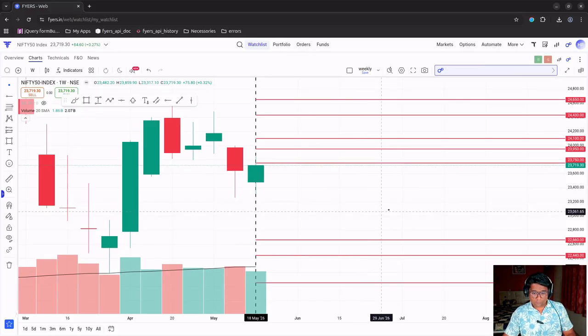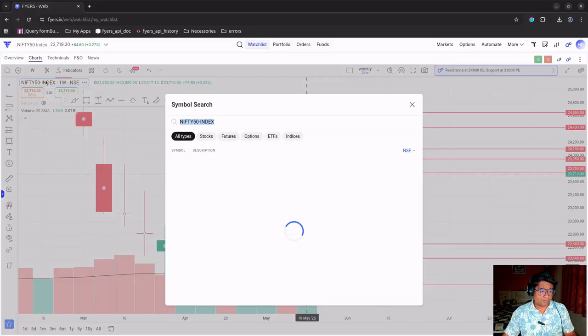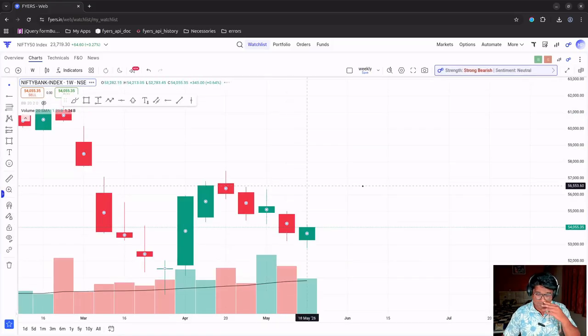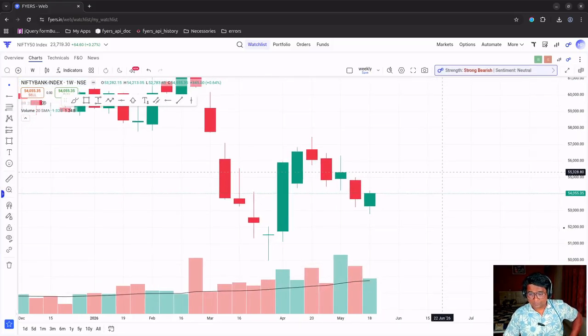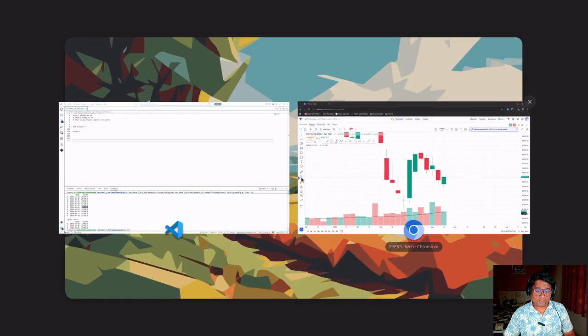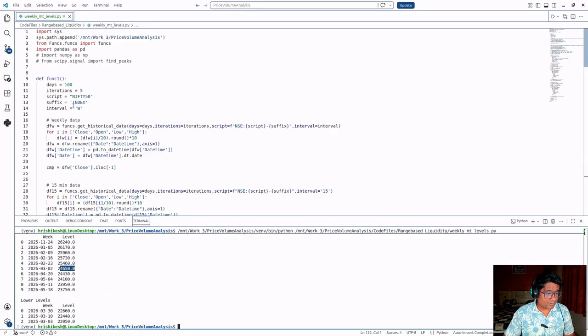So why not go and get the levels for Bank Nifty also? Okay, so for Bank Nifty, we will keep the granularity of 50.